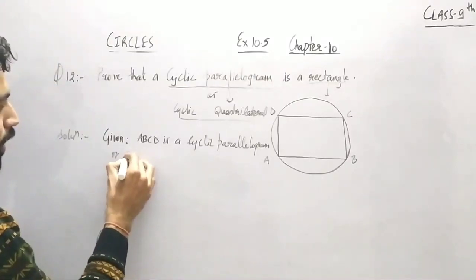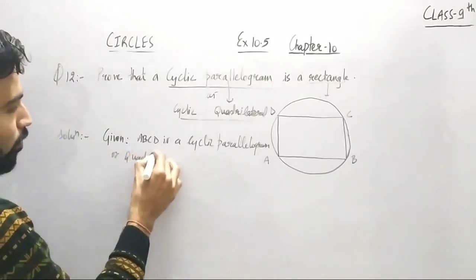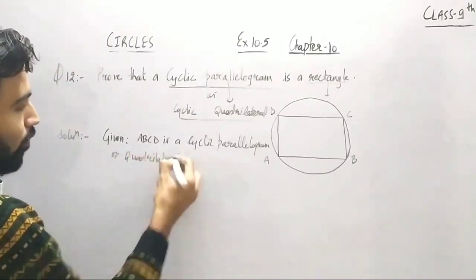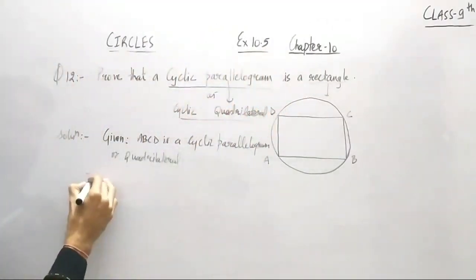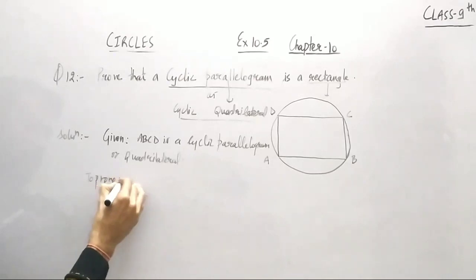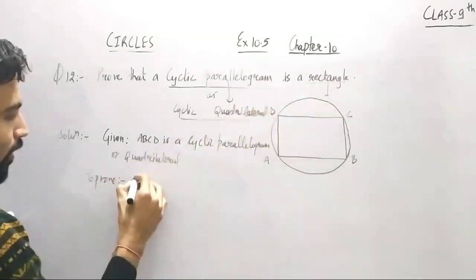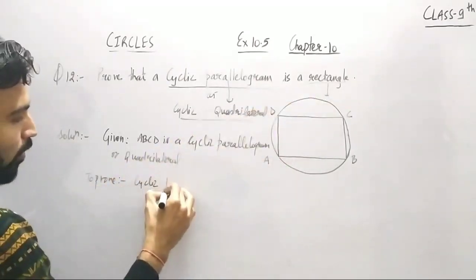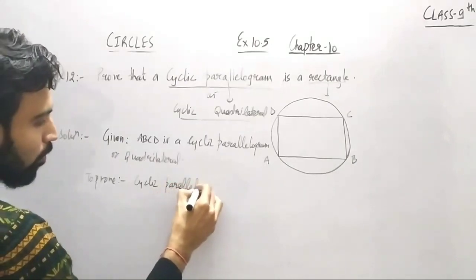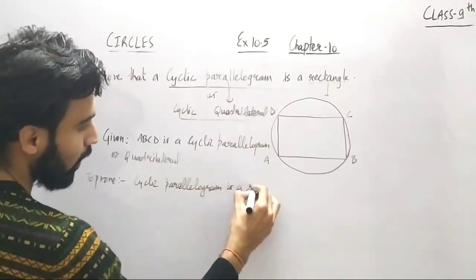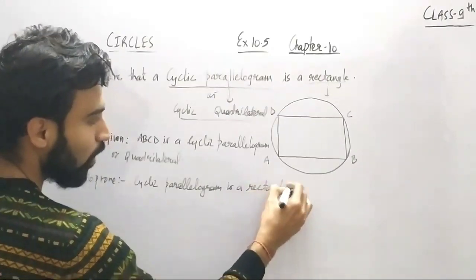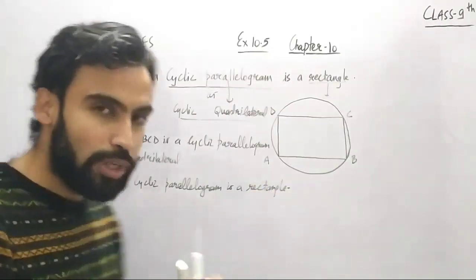Or you can also say quadrilateral. Now the next thing will be what we have to prove here. So यहाँ पे हमें प्रूव क्या करना है, that this cyclic parallelogram is a rectangle, right? This is what we have to prove in this question here.